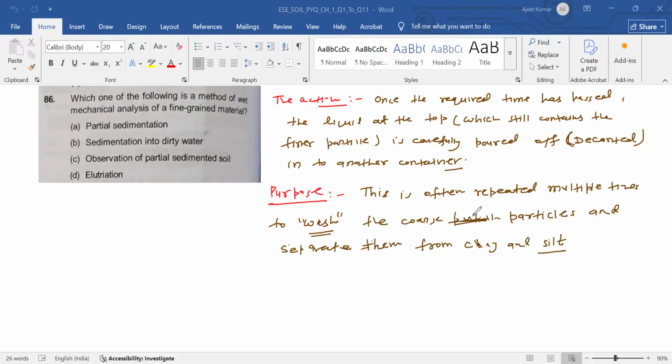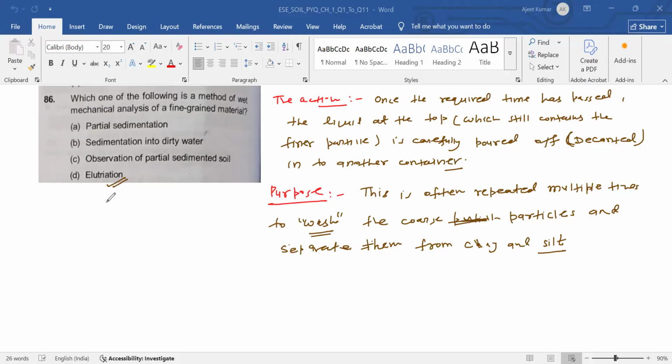So wet mechanical analysis of fine-grained soil: the first one is decantation. The second we study is filtration, and the third is hydrometer method and pipette method.